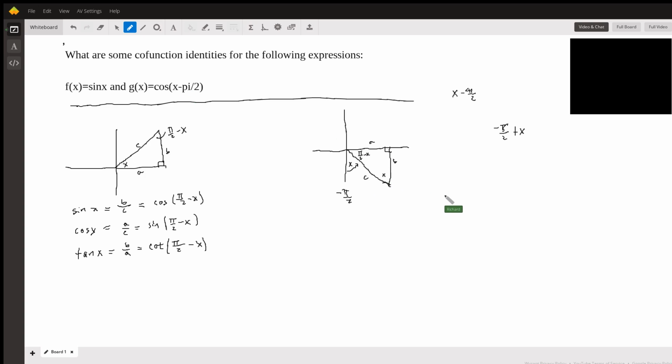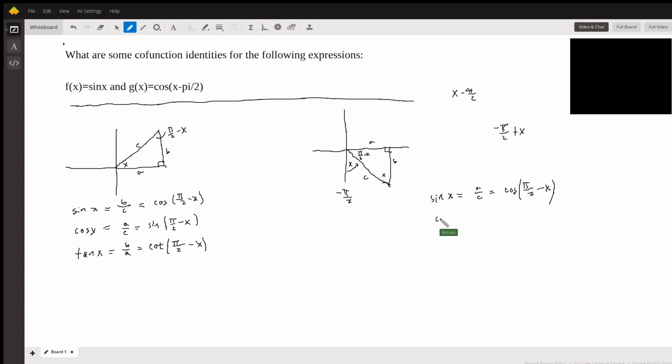So the sine of x, you just look here, opposite over hypotenuse. So it's a over c. And you can see that that's the same as the cosine of pi over 2 minus x.